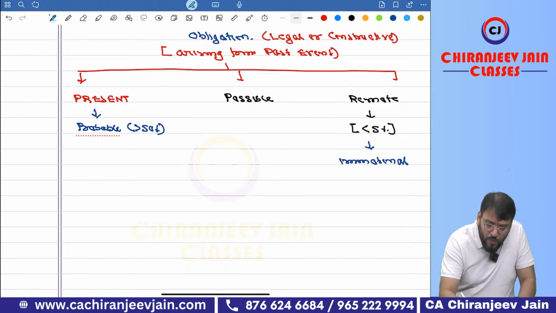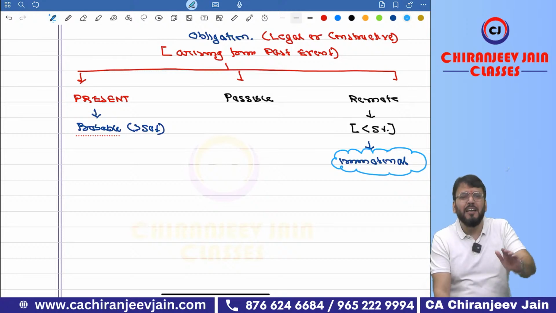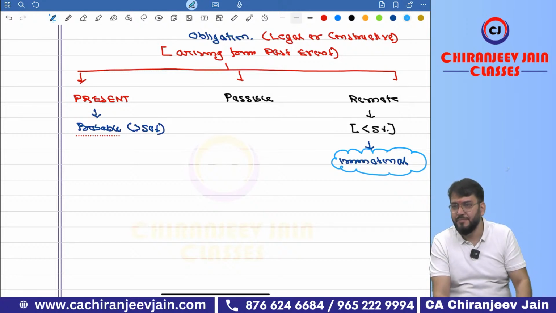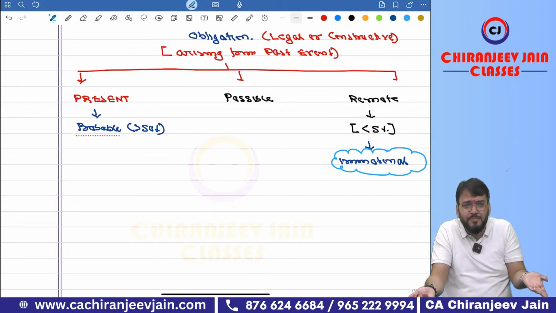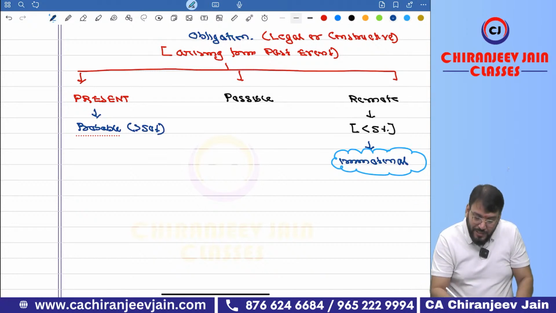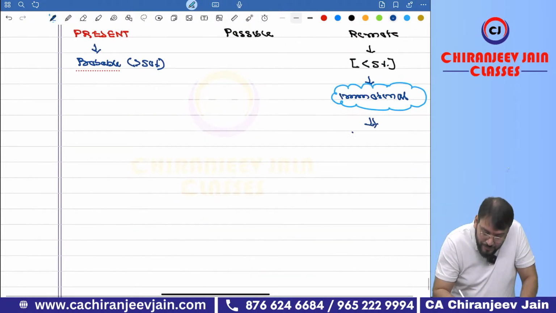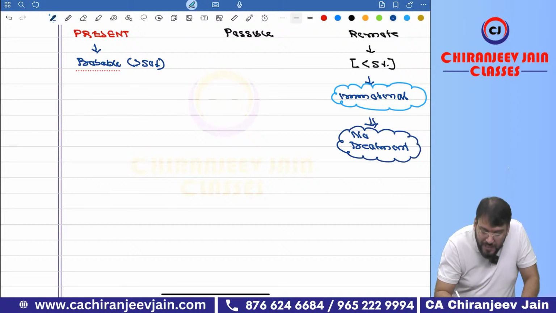And I hope you know that AS and Ind AS apply only to material items. Because an immaterial item will not affect the decision of the user. So we don't give importance to immaterial items. Very negligible chances. Ignore it. So what does our Ind AS say? No treatment for these. As per which concept? Materiality concept.